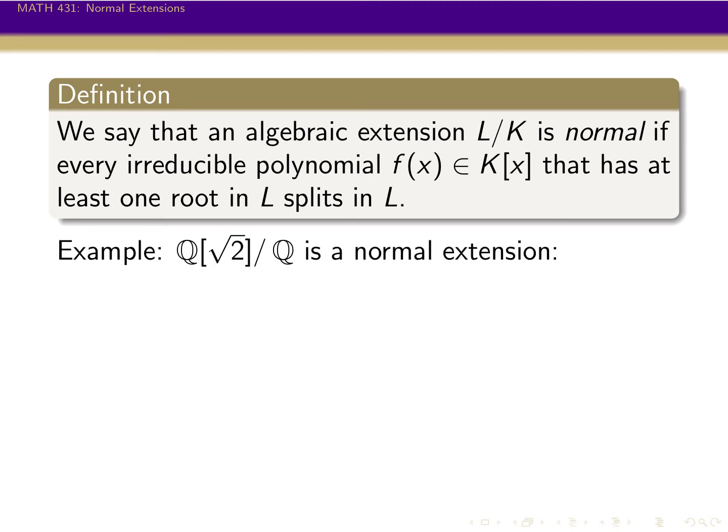So an example of this is if we look at the degree 2 extension, Q adjoin the square root of 2 over Q, this is a normal extension.